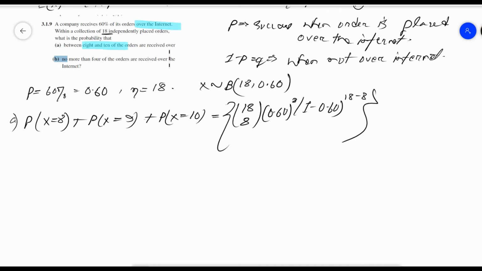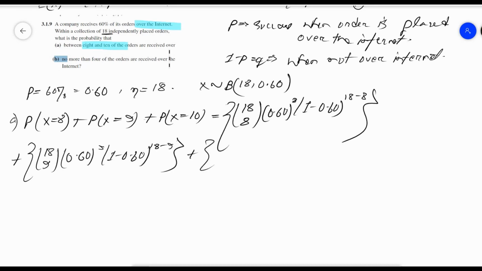This is for probability of x equals 8, plus we'll have to do the same for 9 and 10, which is 18C9, 0.60 to the power 9 into 1 minus 0.60 to the power 18 minus 9, plus we have 18C10, 0.60 to the power 10 into 1 minus 0.60 to the power 18 minus 10.